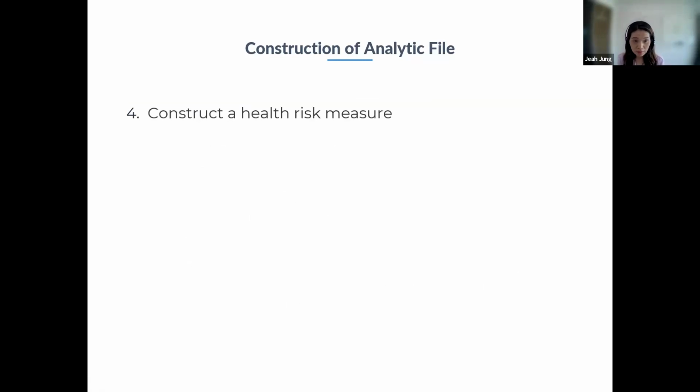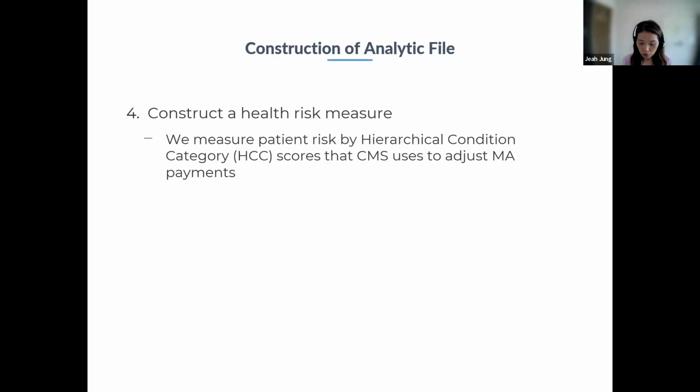And then another thing that I wanted to introduce here is, when we compare MA, Medicare Advantage, or traditional Medicare, sample selection is an issue. In other words, healthier people are likely to enroll in MA. So we want to adjust for health risk between these two types of program. We measured patient health risk by hierarchical condition category scores, which CMS uses to adjust MA payments.